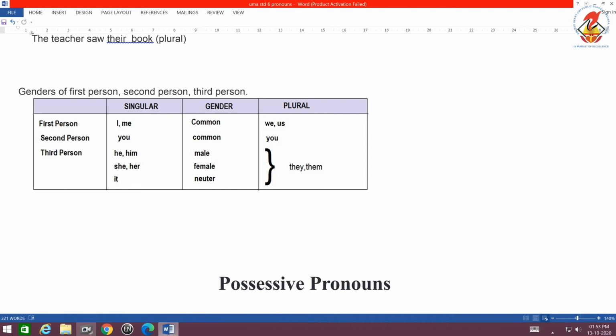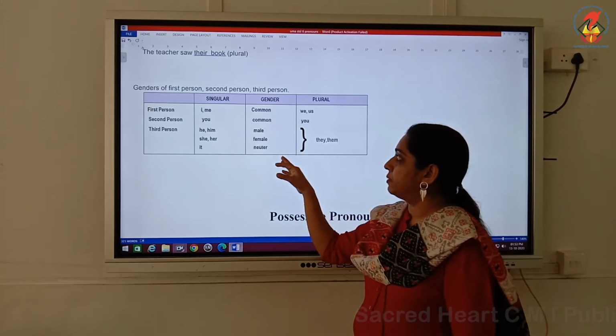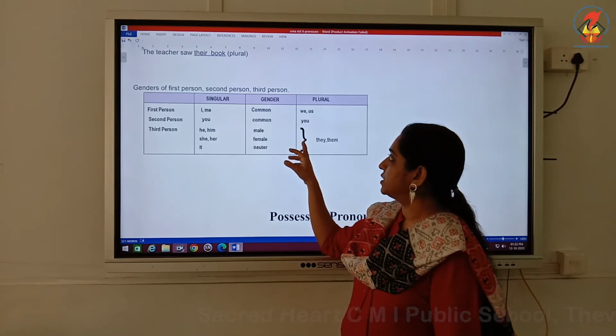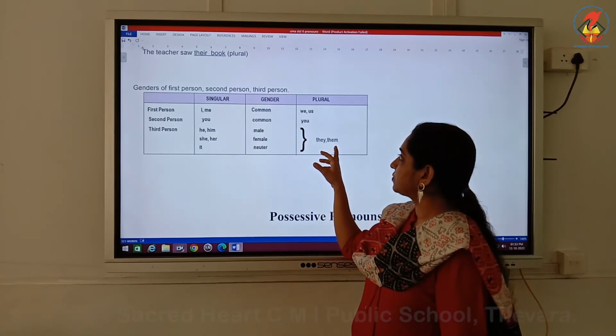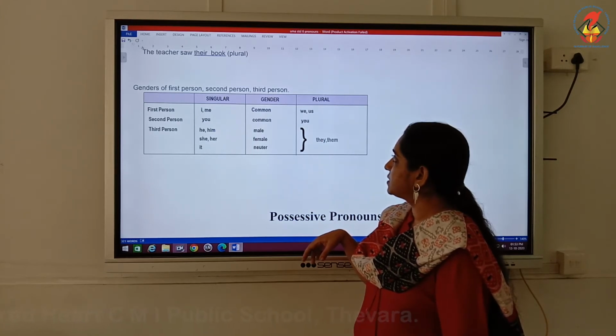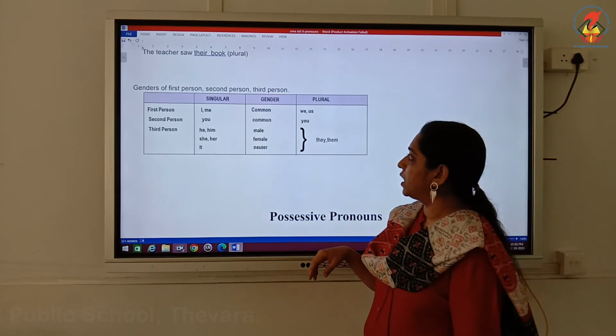It means it can be anything, that is neuter gender. They, them, plurals are given here. They, them means it can be boy or a girl. Then they and them are given as plurals of he, him, she, her and it.